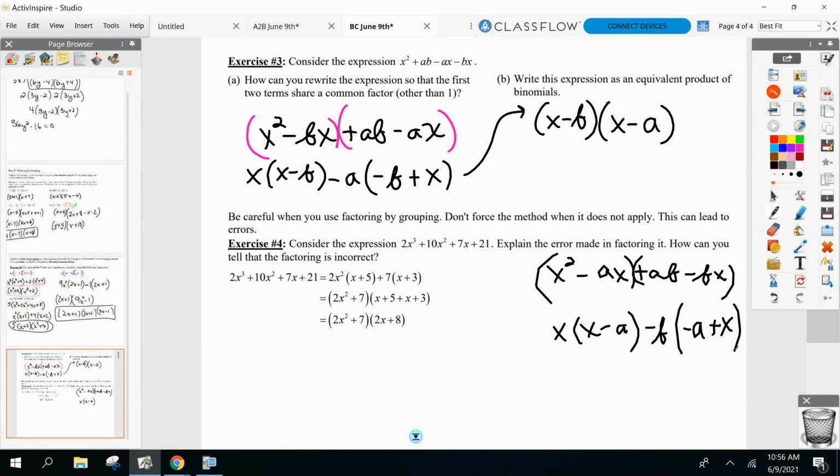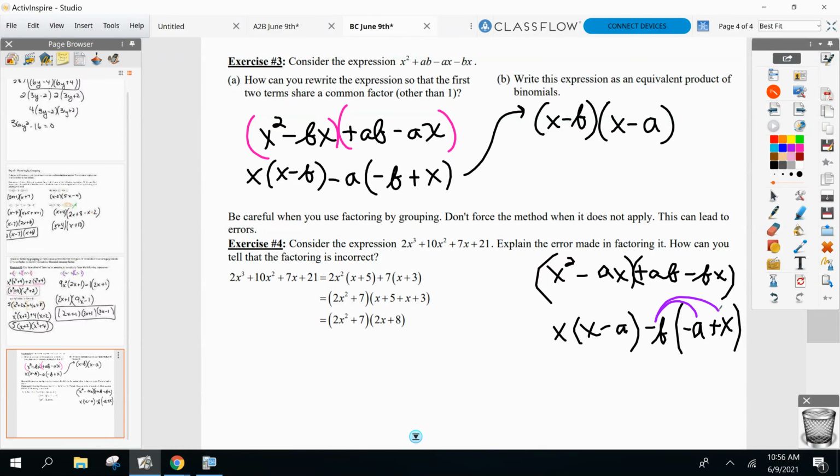If you're ever concerned you took out the right number, redistribute it. Watch, negative b times negative a is positive ab. So just redistribute if you think you took out the wrong GCF.